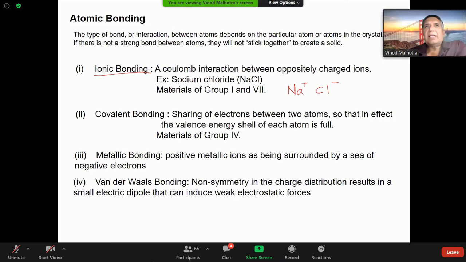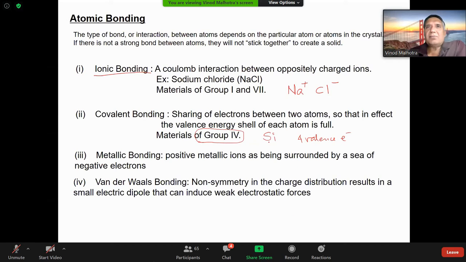Covalent bonding is, of course, when electrons are shared between 2 atoms, right? And this happens in group 4, so silicon or germanium is of interest. So this is covalent bonding. Now, when we say group 4, essentially what we mean is there are 4 valence electrons, right? And since it has 4 nearest neighbors, the next slide will show that.